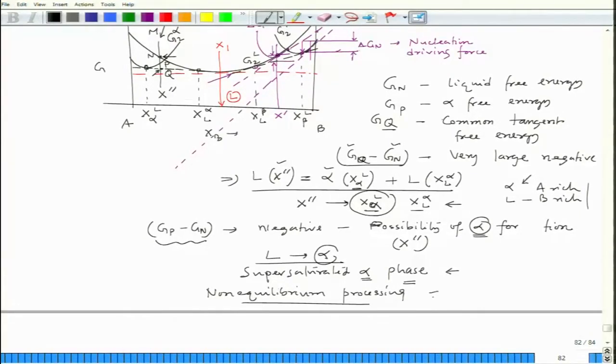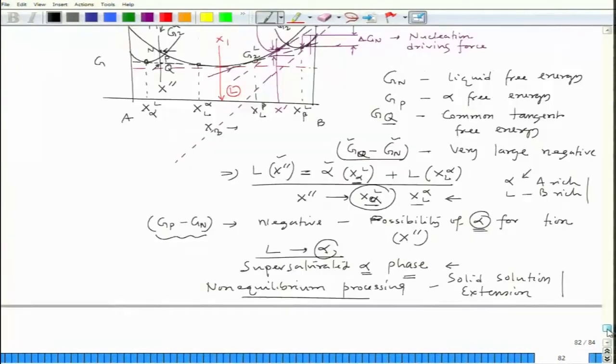So, this non-equilibrium process can give us a solid solution extension. This is also an important aspect, but we will not get into detail on this solid solution extension, but it is very important to mention this, because this way many processing happens.